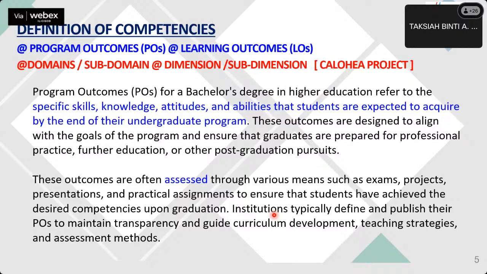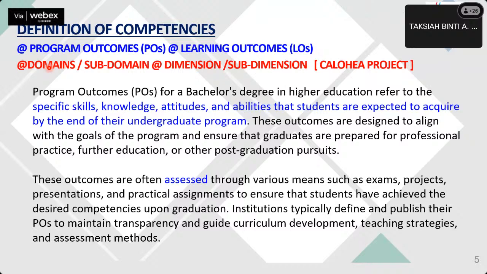So we may be familiar with the term program outcomes, or in short PO, or we call it program learning outcome, PLO. Some other institutions call it learning outcomes. Okay, this is what we use in USM. But in the CALOHEA Project, these competencies were referred to as domain.